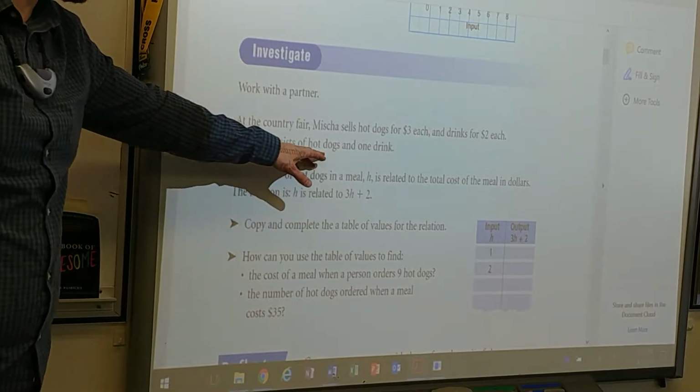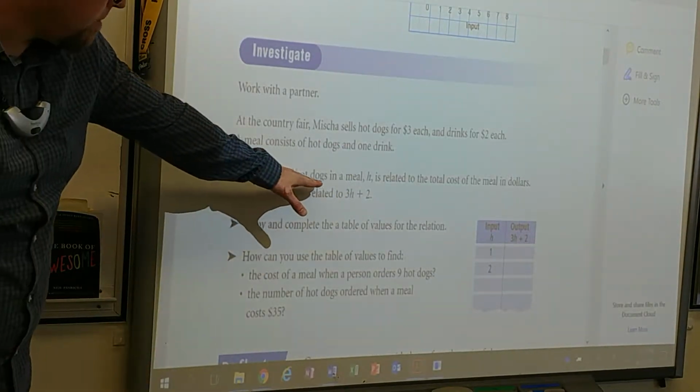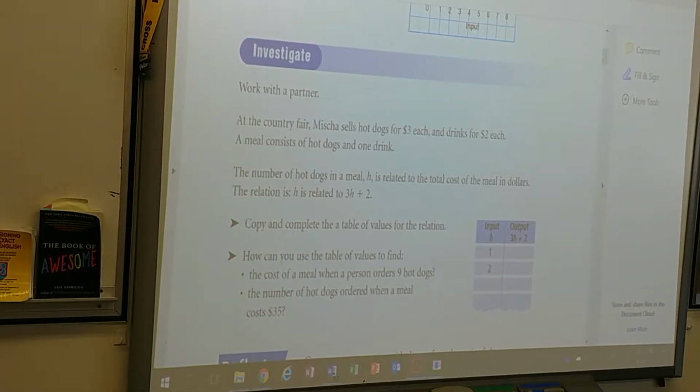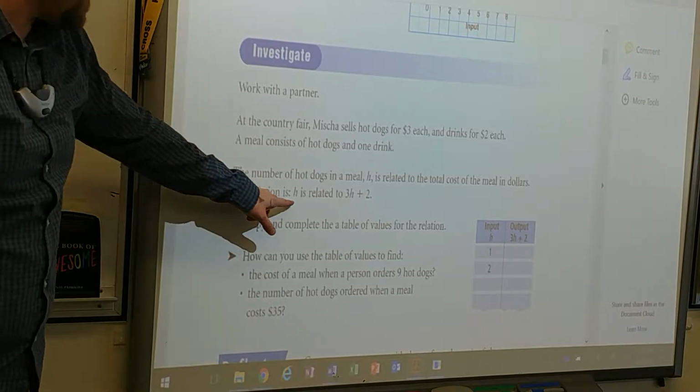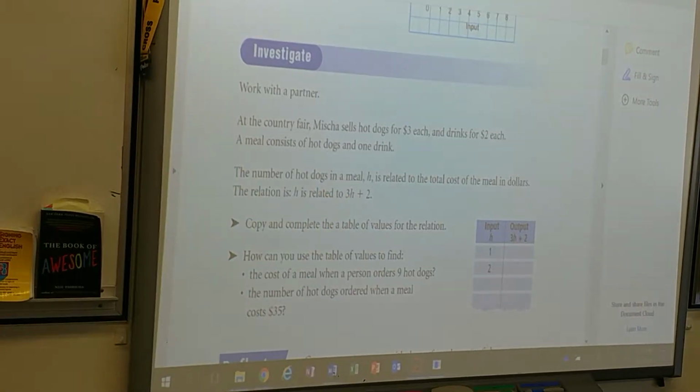A meal consists of hot dogs and one drink. The number of hot dogs in a meal, H, is related to the total cost of the meal in dollars. So the relationship H is related to 3H plus 2. Copy and complete the table for the values in the relation.